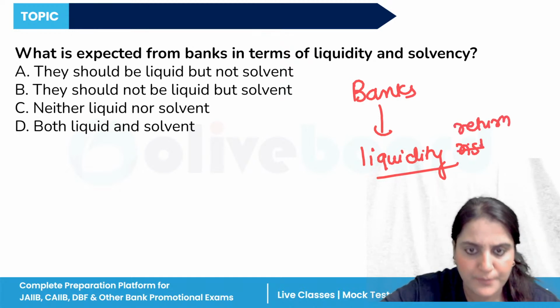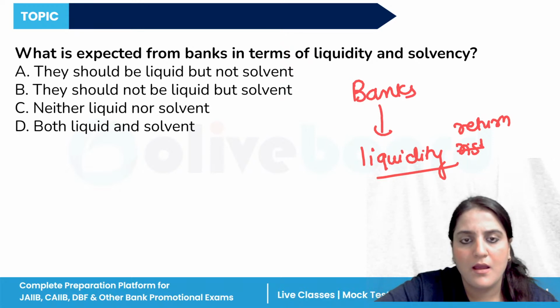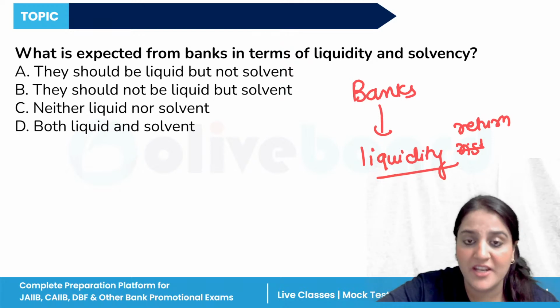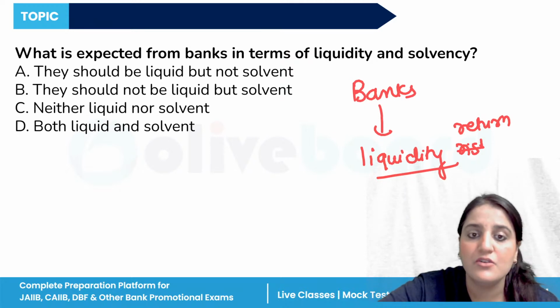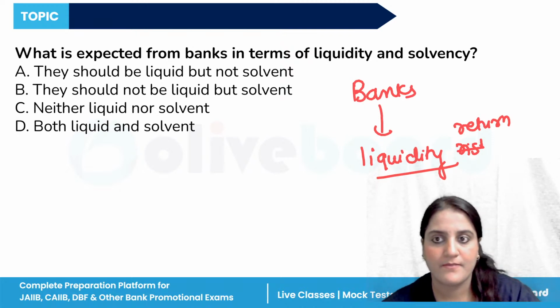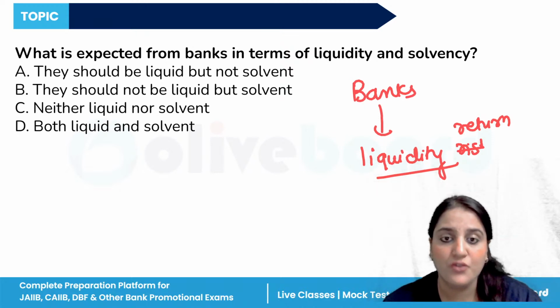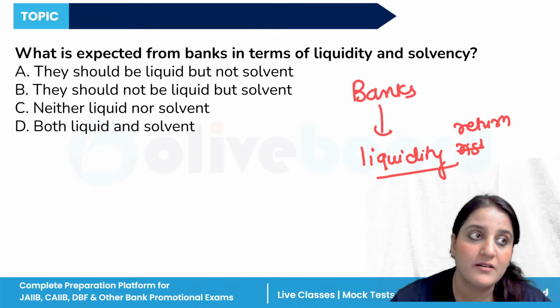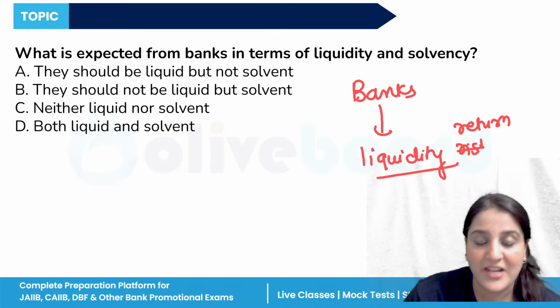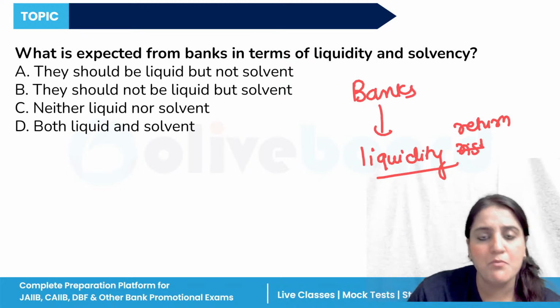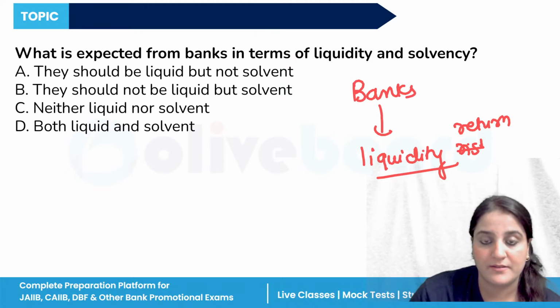I already told you. And in this case, a bank is said to be solvent if its net worth is not negative, and a bank is solvent if the total realizable value of its assets is more than its outside liabilities.